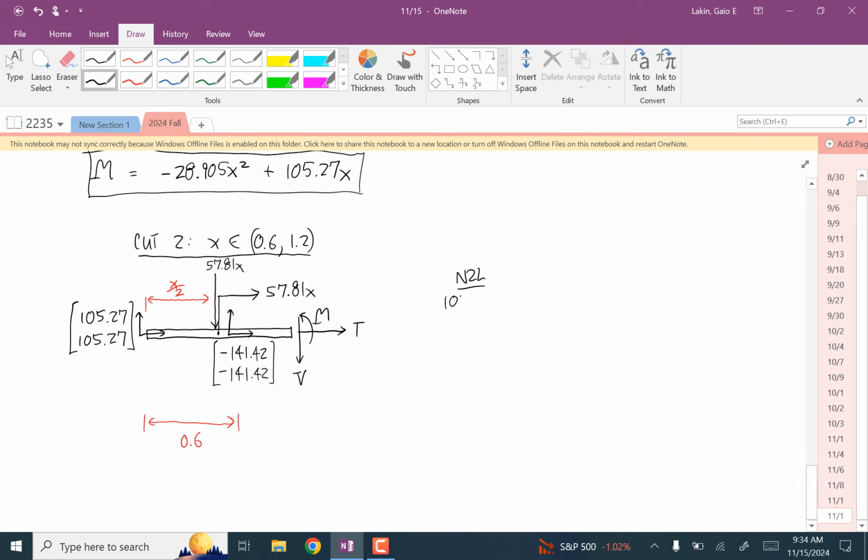We have 105.27, and then we have the other point force, negative 141.42, negative 141.42.